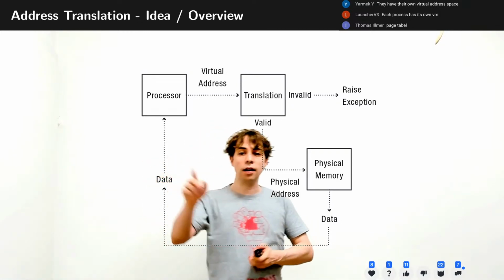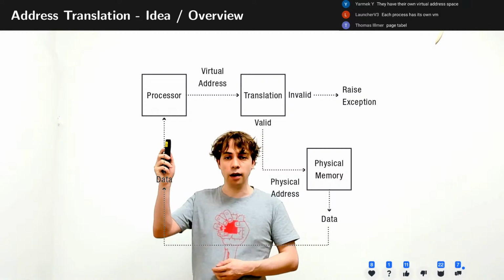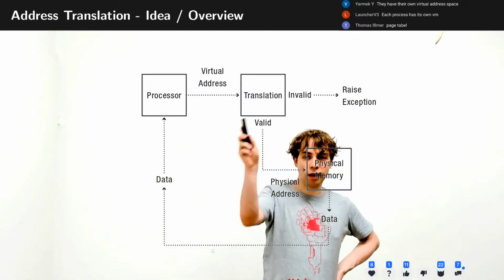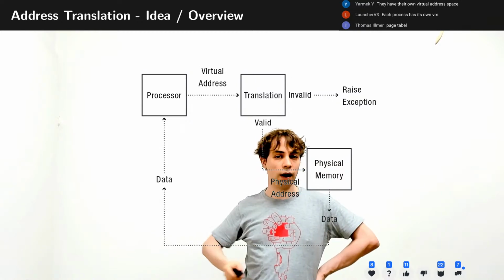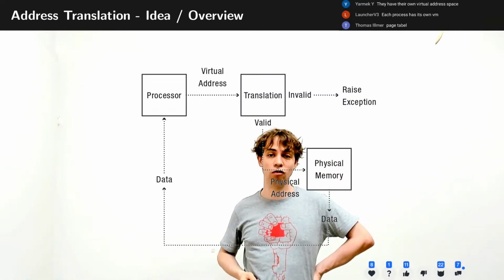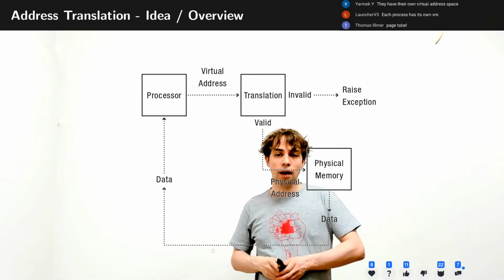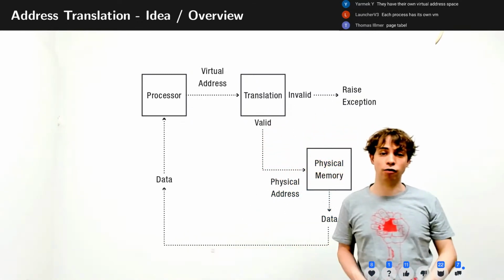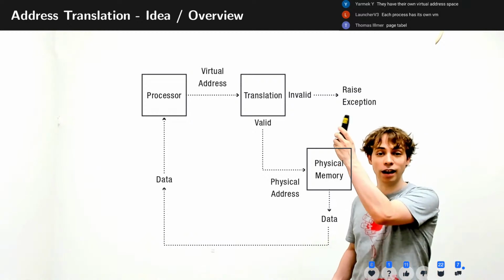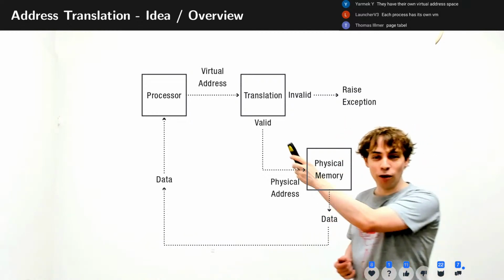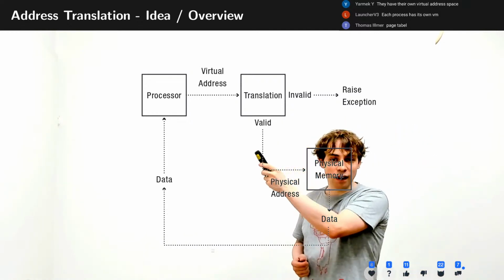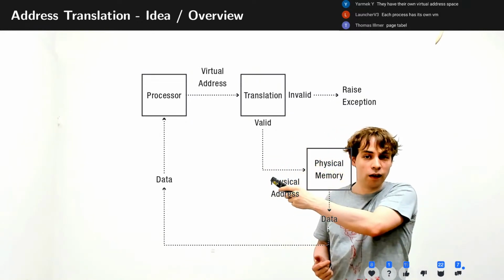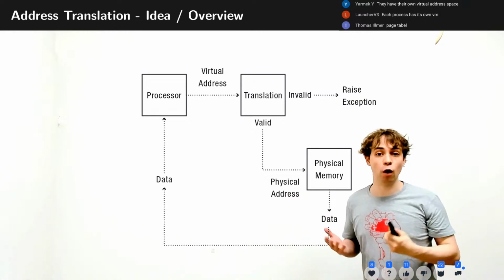So let's take a look at this processor here. It passes the virtual address to this translation map, like the standard map that I've just shown you earlier. And now the map will either say, I don't have an entry for this address, and that means it raises an exception, or it says it's valid, and that means it gives us an index, because the map contains an index for the physical memory, for the RAM.